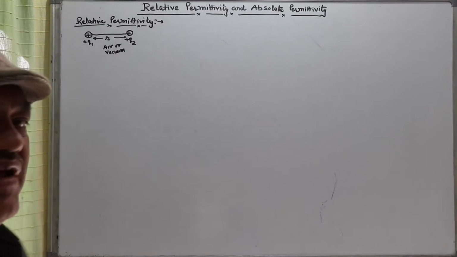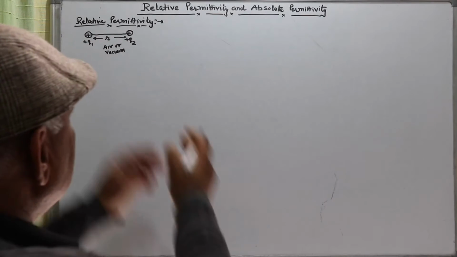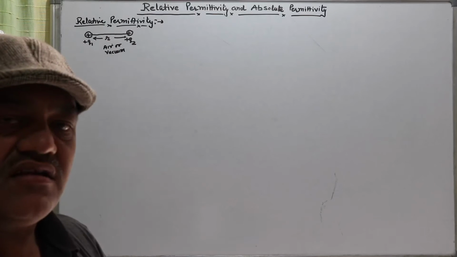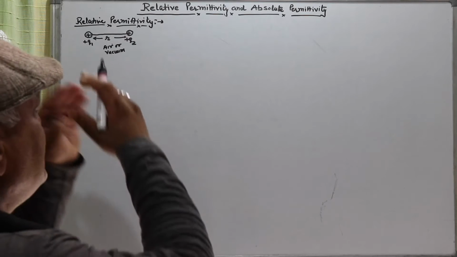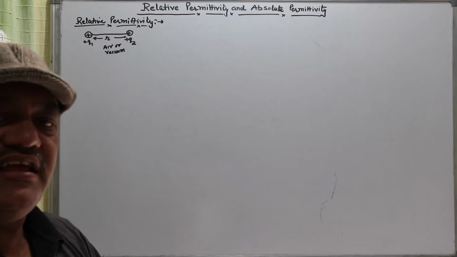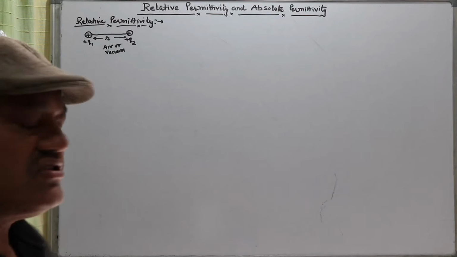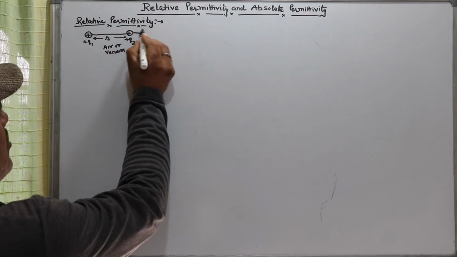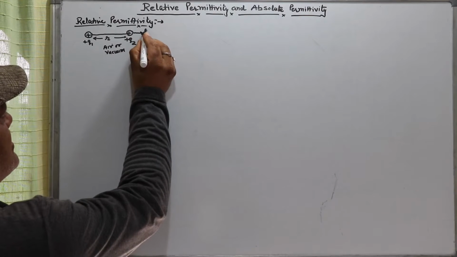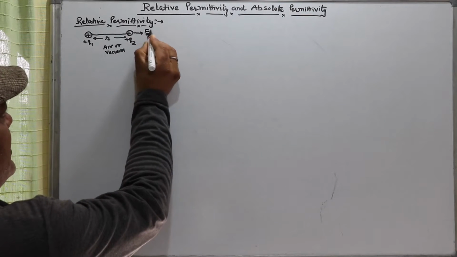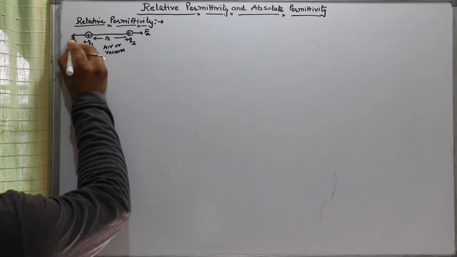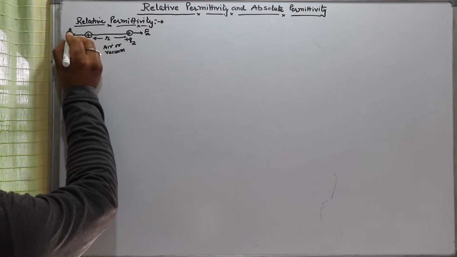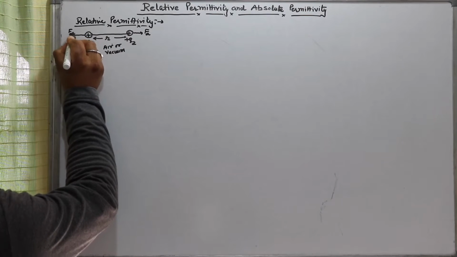Now these two charges are similar charges, and hence we know that they repel each other with the same force. Let the force acting on charge Q2 be Fa, and on charge Q1 is also Fa.